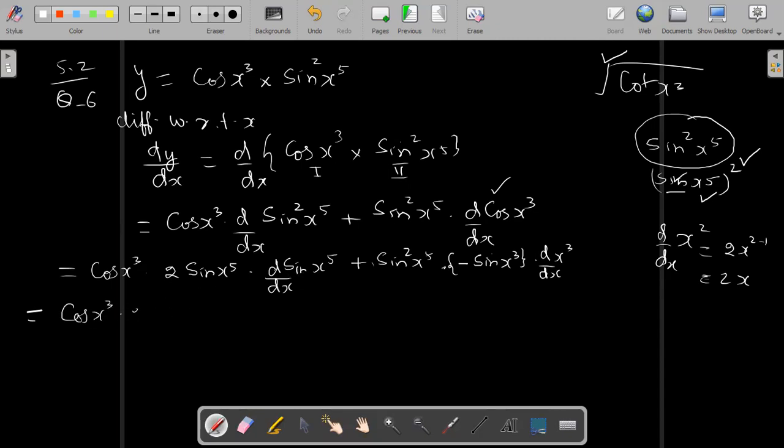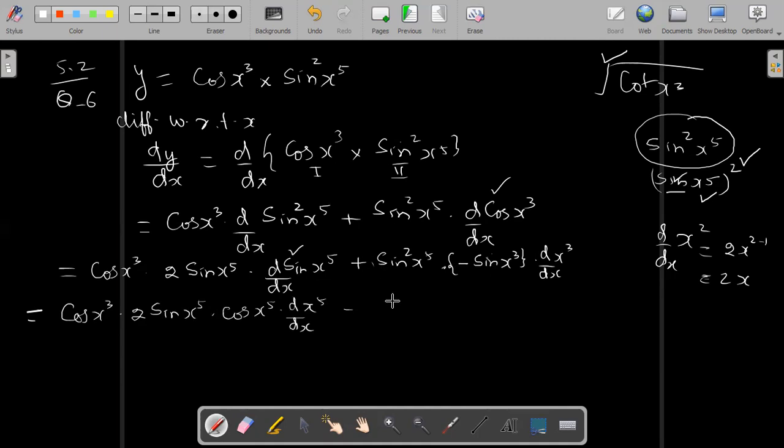So now, 2 sine x raised to power 5, you can write as it is. Differential of sine: now the outermost is sine, so differential of sine is cos x raised to power 5, then go inside to x raised to power 5, then differential of x raised to power 5. The third function will be differentiated.